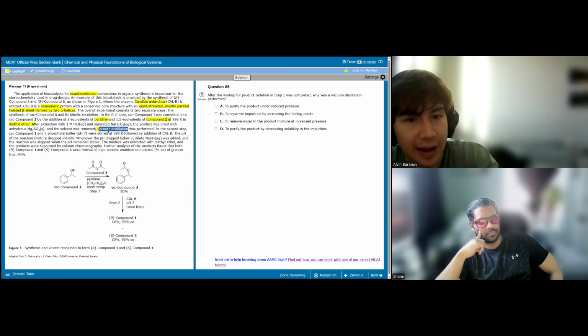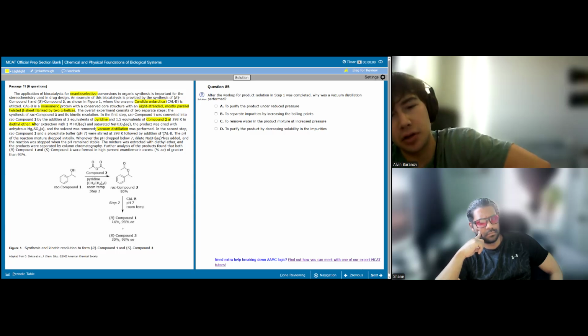In the second step, Rac compound 3 and the phosphate buffer pH 7 were stirred at 298 K, followed by addition of CalB. The pH of the reaction mixture dropped initially. Whenever the pH dropped below 7, dilute NaOH was added, and the reaction was stopped when the pH remained stable.